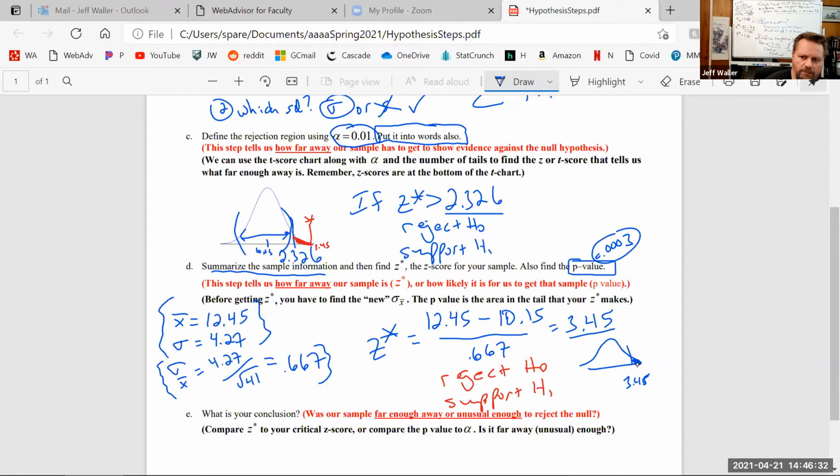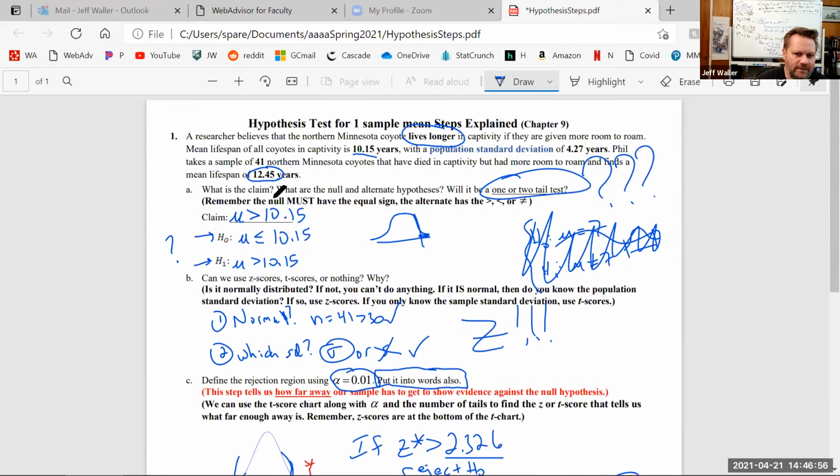0.0003. What the p-value signifies, it's not exactly this, but it is related to the probability that we're wrong. Basically, it's roughly that. It's the chance that a sample would end up where ours did if this is the right mean.